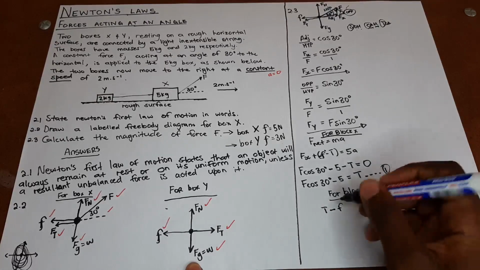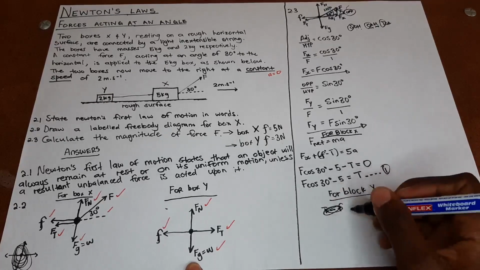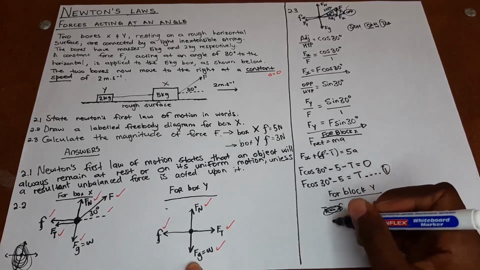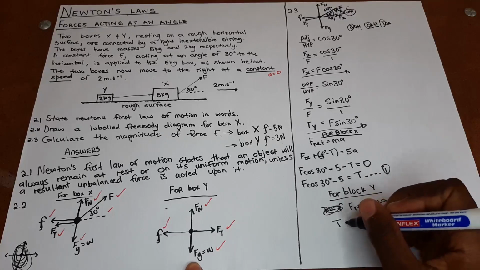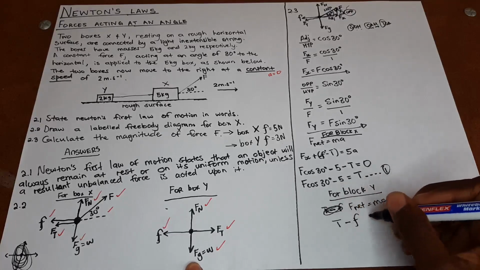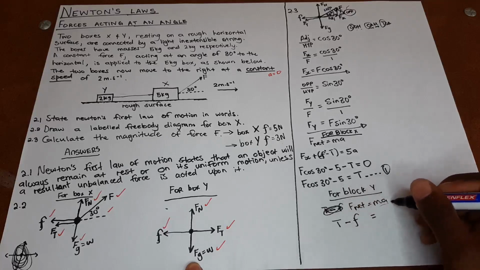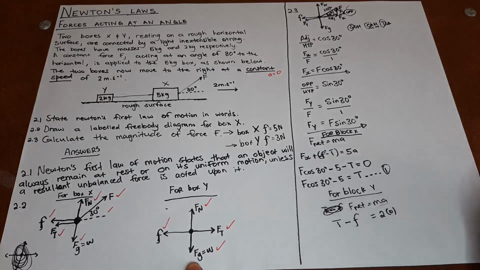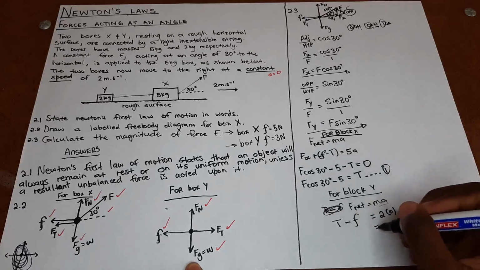You know that F net is equal to MA, sorry for not writing that, guys. F net is equal to MA, all forces acting on that object at Y, minus F is equal to mass multiplied by A. The mass there is 2 multiplied by 0, that equals 0.